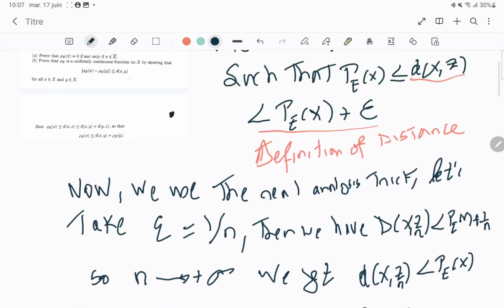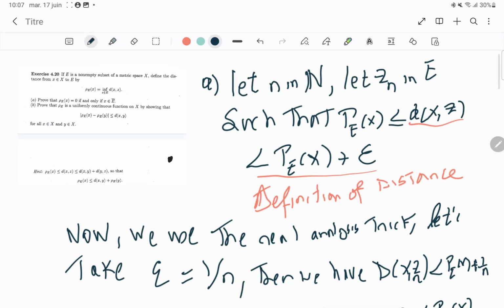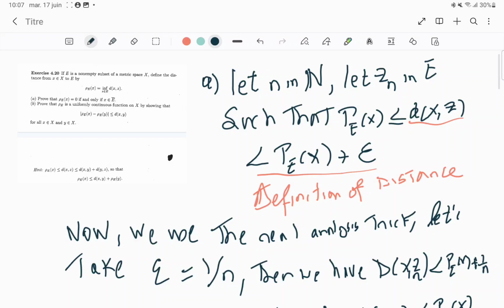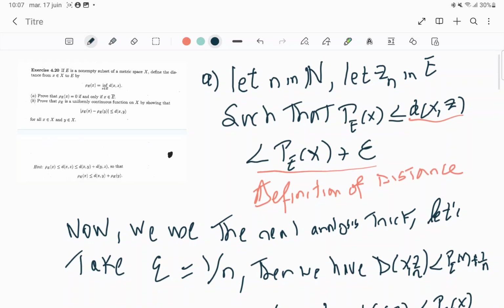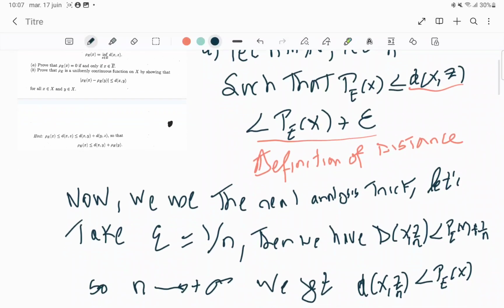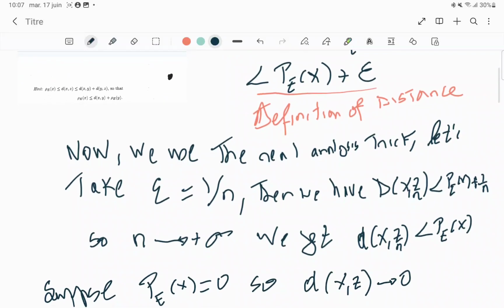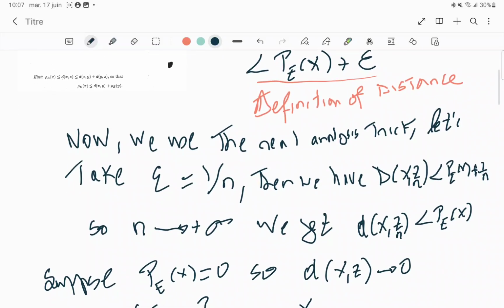So let's do the second question. Okay, we're going to use the inequality, right?